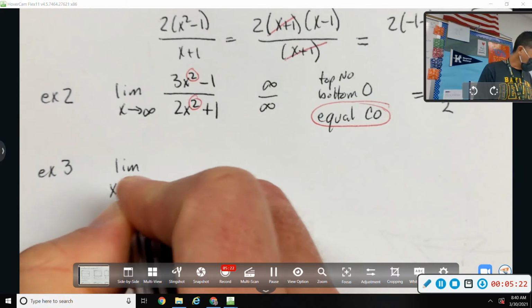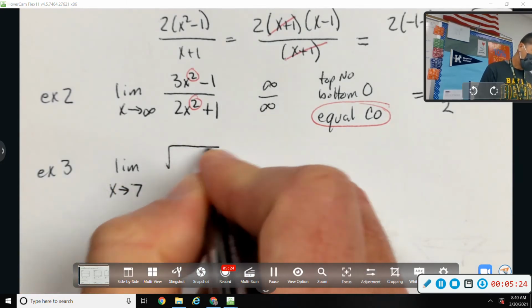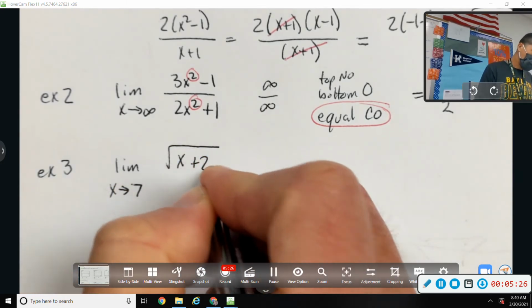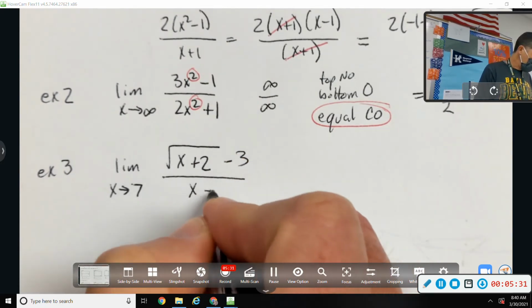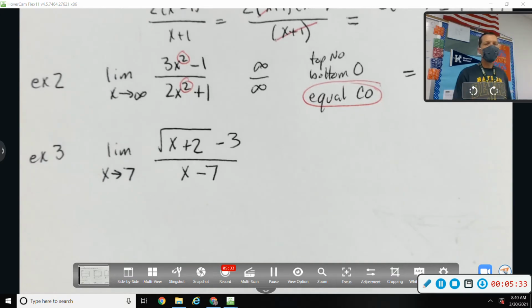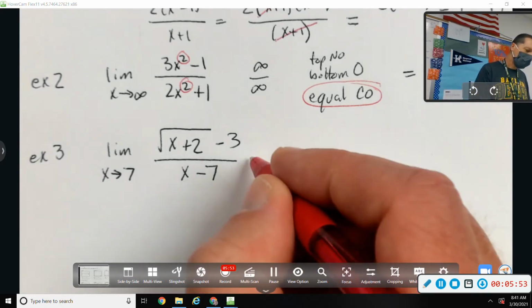All right, limit as x approaches 7, square root of x plus 2 minus 3 over x minus 7. Well, plug in, see what happens, but 0 over 0. So I don't know yet. Do you remember the algebra trick to make this one work?